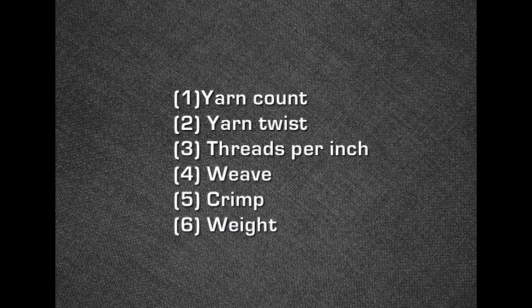The geometry of a textile fabric is determined by the mechanical processing to which the material is subjected from fiber state to finished cloth. The practical geometry of the cloth is described by form factors which are in common use throughout the textile industry. These include yarn count, yarn twist, threads per inch, weave, crimp and fabric weight.